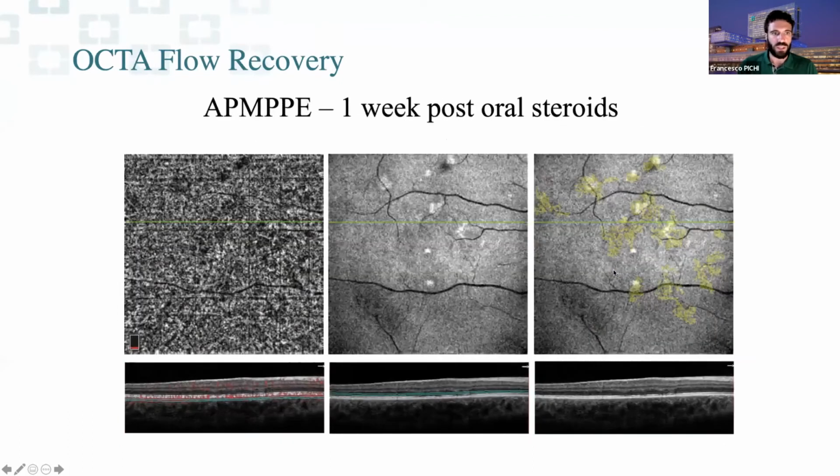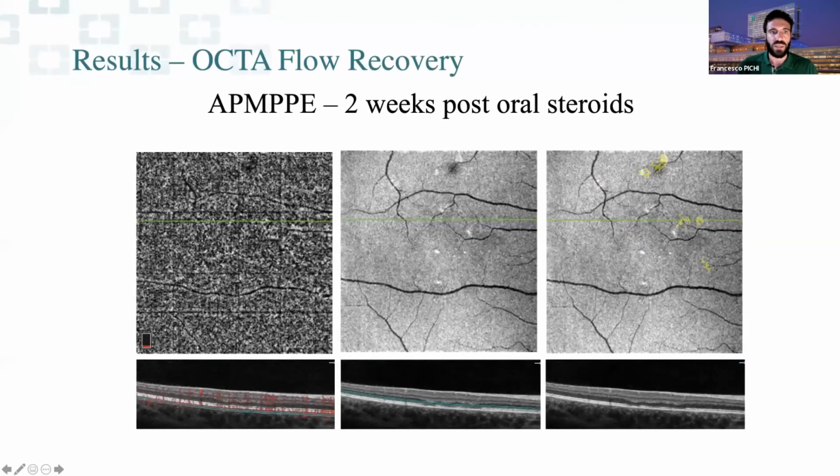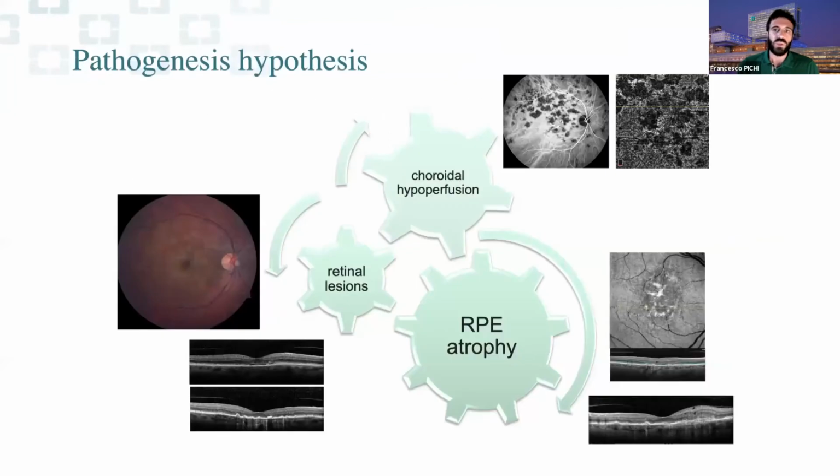When you treat the patient, the ischemia decreases, and at the same time the RPE goes back to normal. After 2 weeks of oral steroid, the RPE in UNFAS and the ellipsoid are nearly completely back to normal. So we don't know which is the primary starter, but we know the choriocapillaris is hyperperfused and it's causing RPE atrophy and some retinal lesion in AMPI.